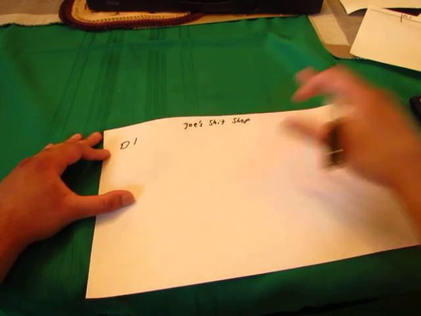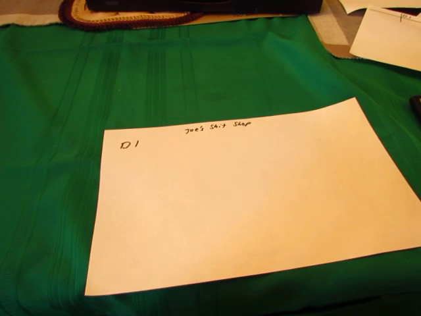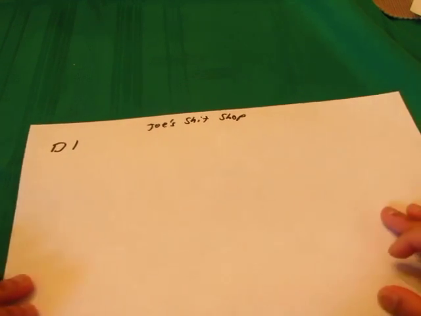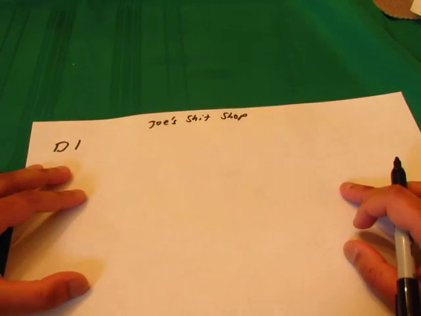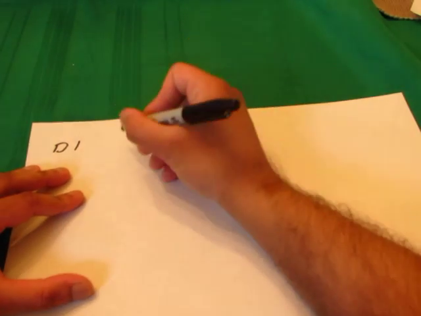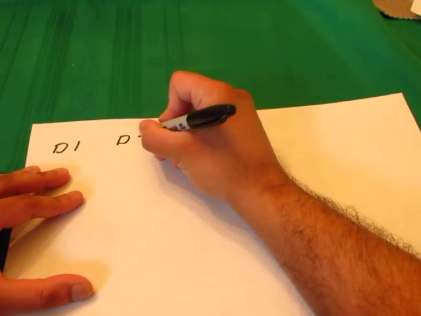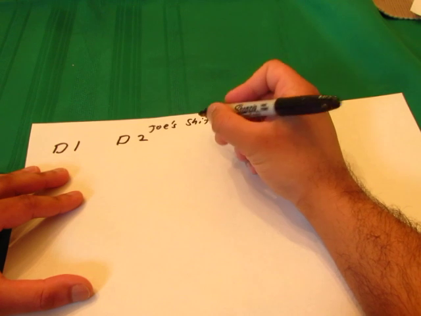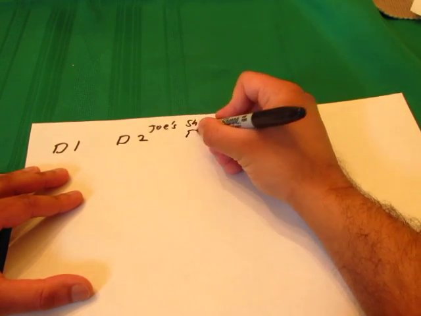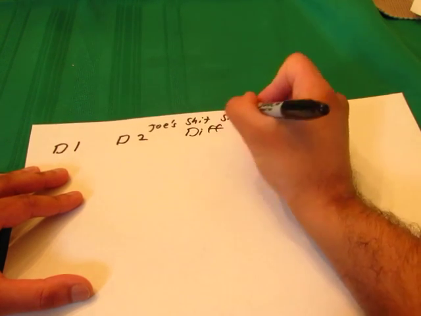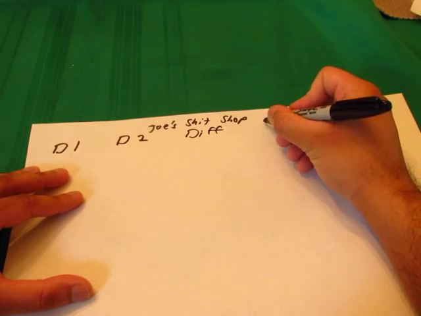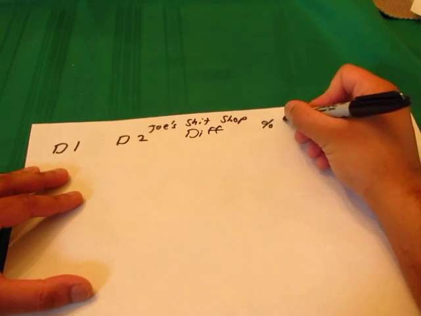I need to zoom in a little bit, don't I? Okay, hopefully that's good enough. So we have database 1, we have database 2. Then we'll have another category, and we'll just call it diff, for difference. And then we'll have something called percent diff.